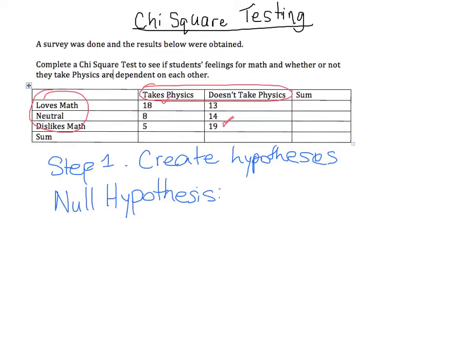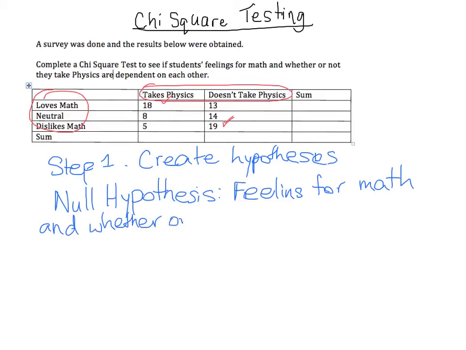So in this case, whether or not you love math, so feelings for math, is one of my variables, and whether or not you take physics is my other variable. Are independent.